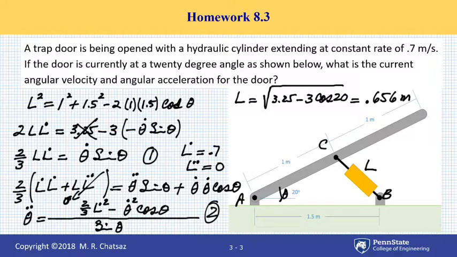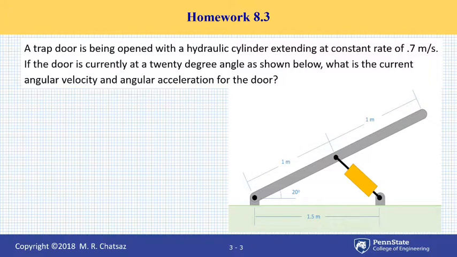Now if I plug the given numerical values into equations 1 and 2, I will find the numerical values for angular speed theta dot and angular acceleration theta double dot. Solving equation 1 for theta dot, we get theta dot equal to 2/3 of L L dot over sine of theta.